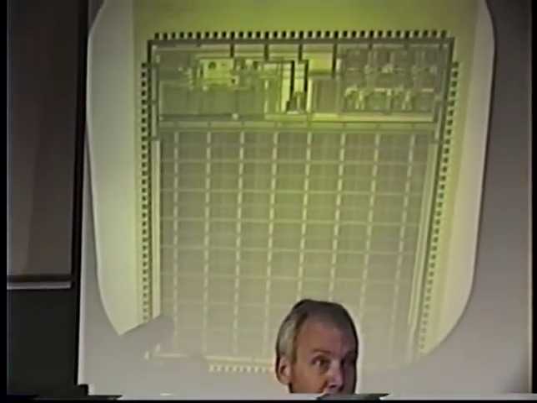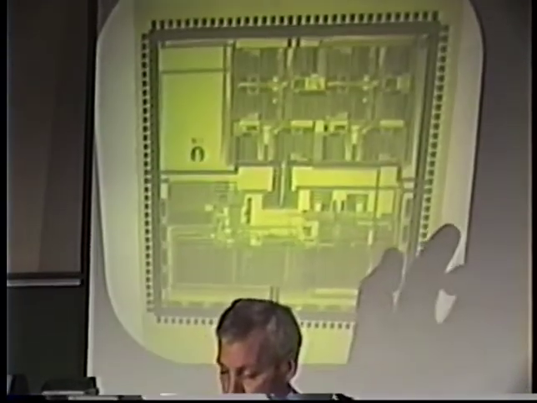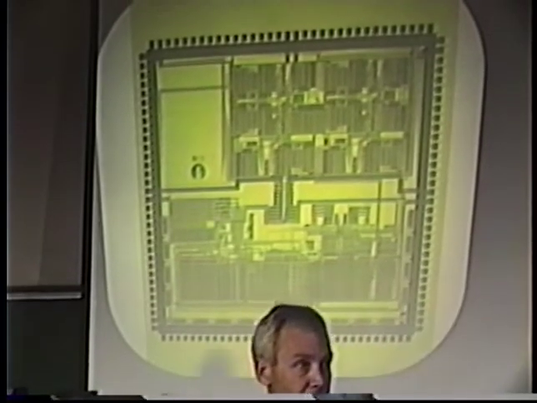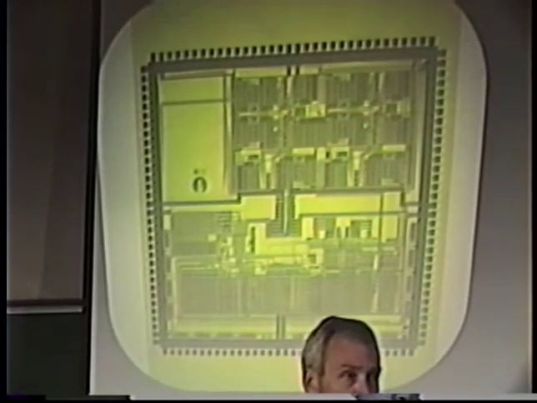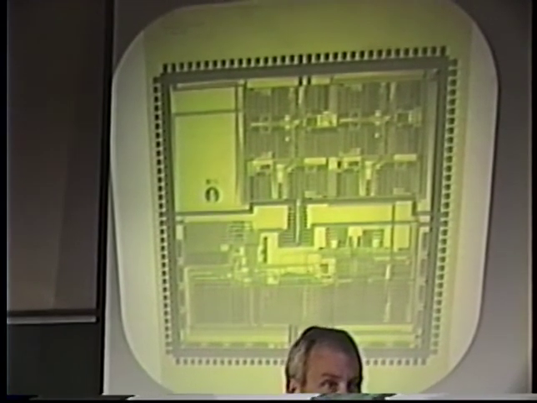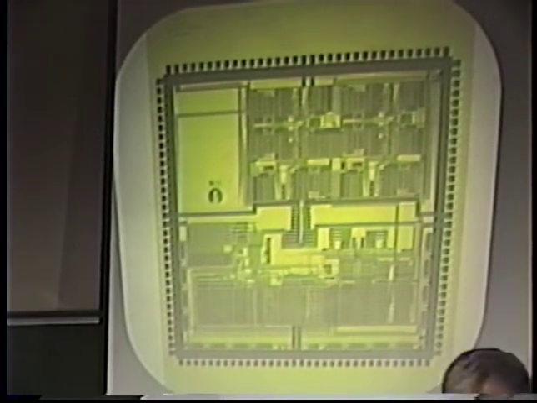Well, because of the MOSIS service, we can take these same pieces, that is, everything that's on this chip, and take away the read-only memory and the read-write memory, wrap a different pad frame around it, and presto, this is a different scale chip. Instead of being about a centimeter on a side, this is about half a centimeter on a side. So here is what we call a memoryless Mosaic chip.